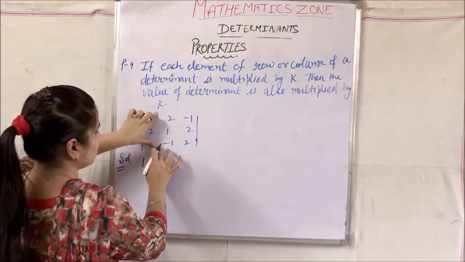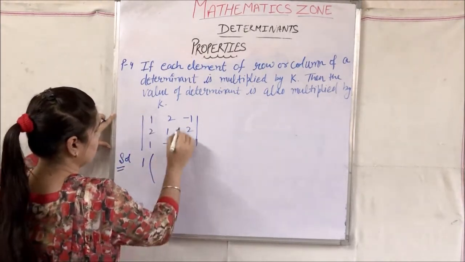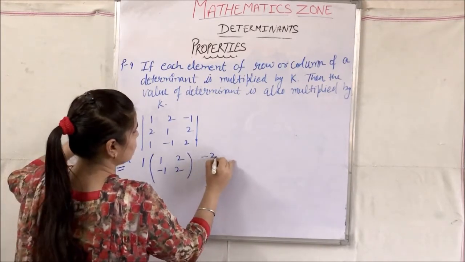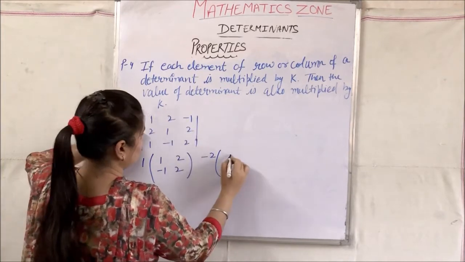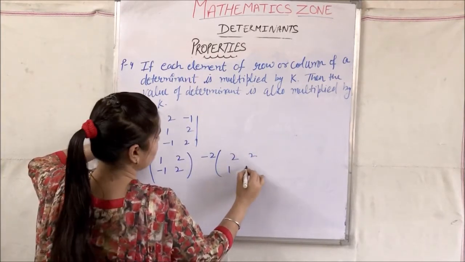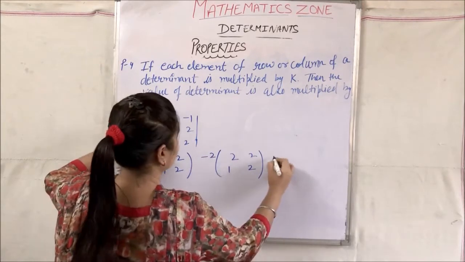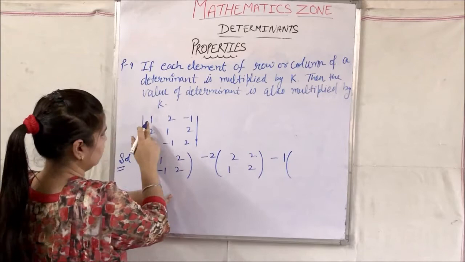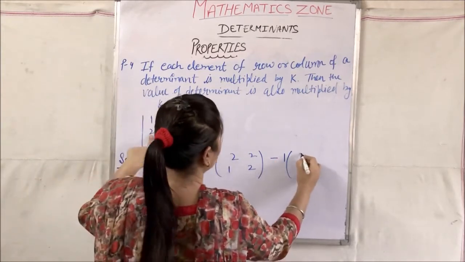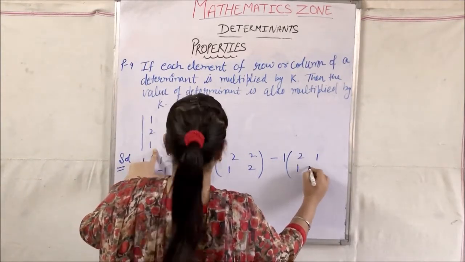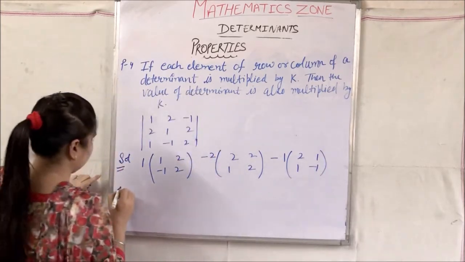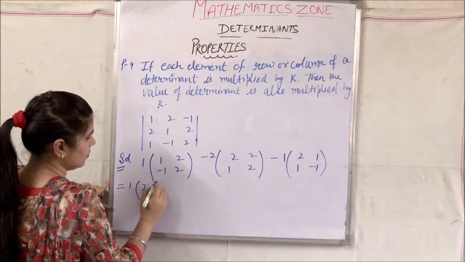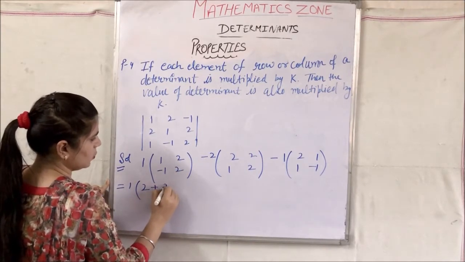Firstly, we will leave the first column and first row. 1, 2, minus 1, 2, minus 2, 2, 2, 1, 2. Third, minus 1, 2, 1, 1, minus 1. 1 into 2 is 2, minus minus plus 2.